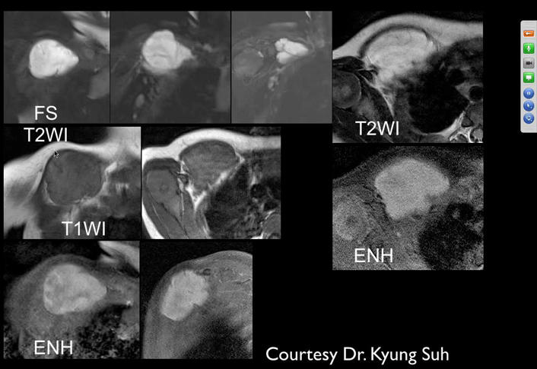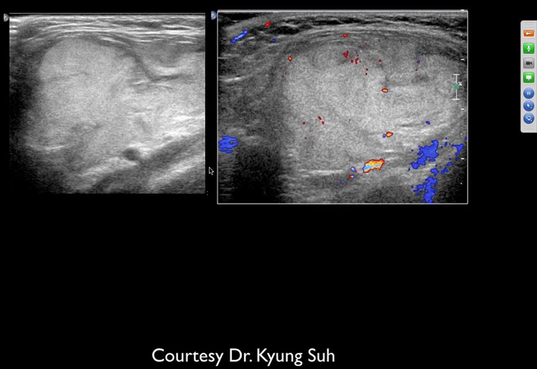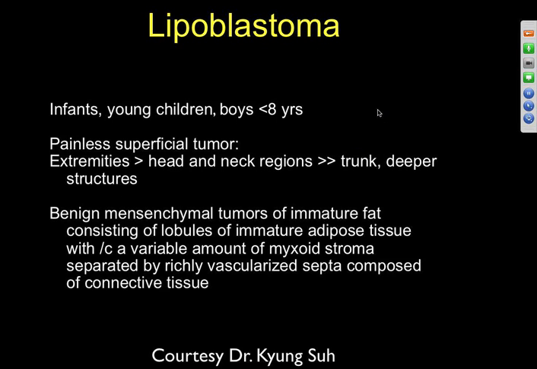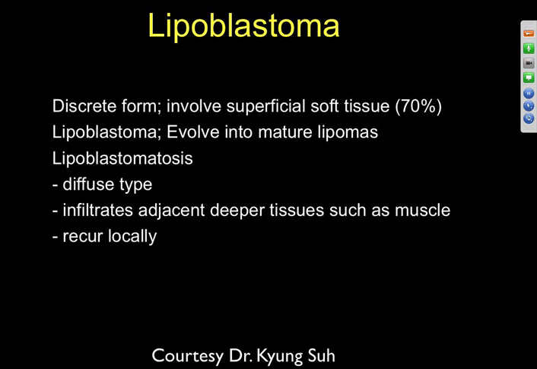Even though on a MR scan, maybe it's a little bit brighter on the T1 weighted image, but that's really hard to say. But it's not well differentiated, so it tends to have less fat, and the fat is really more microscopic. Often these aren't even low density on the CT. Okay, so it's usually infants. It's typically a benign lesion.